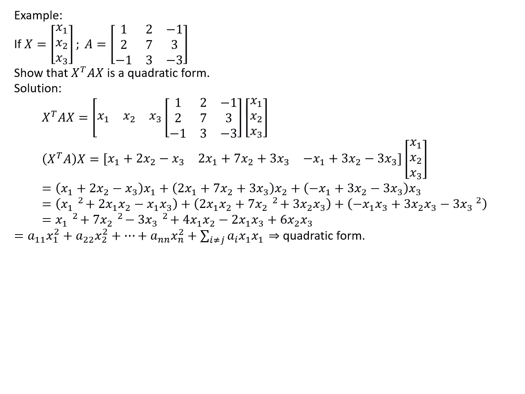Then use that row to multiply column 3, so you have minus x1 plus 3x2 minus 3x3.